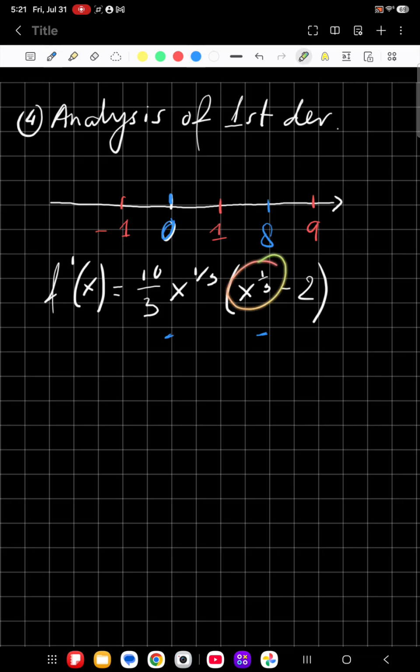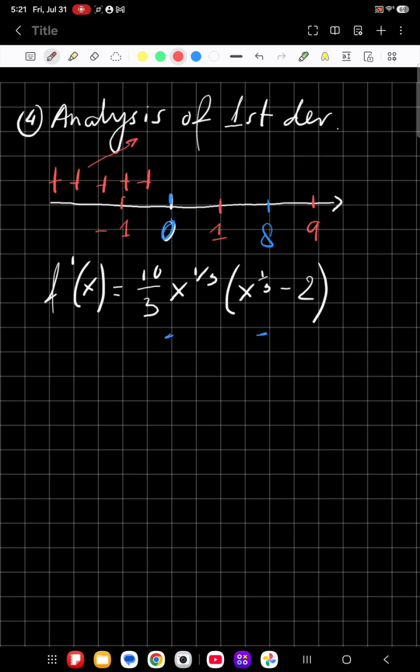So again -1 minus 2 is -3, so negative times negative is going to be positive. Okay, so that interval is positive, so the function is increasing.